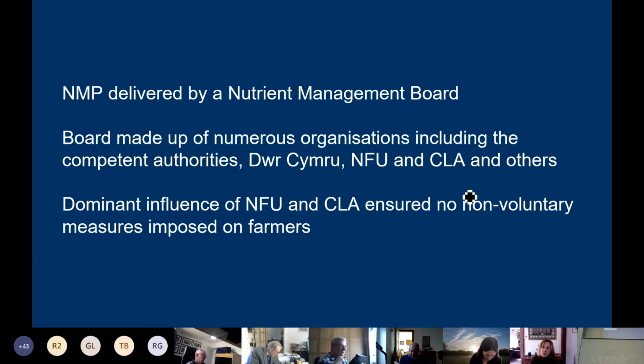And one of the first problems that has been encountered with the nutrient management plan is that the NFU and the Country Landowners Association have had a very strong influence over the board. In fact, they were actually on the technical advisory group, which was drawing up the measures to go into the plan. And as a consequence, they resisted anything other than catchment sensitive farming voluntary measures going into that plan.